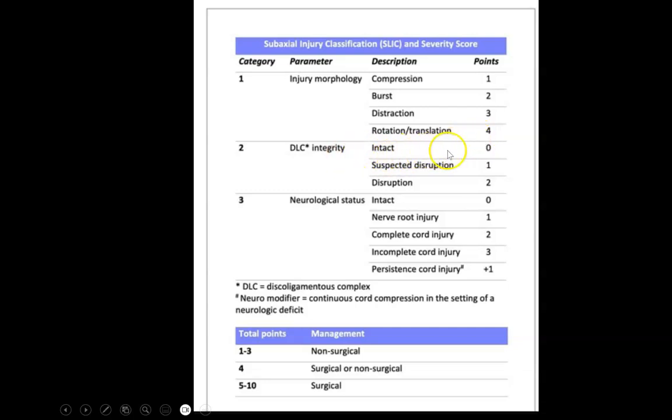And dorsal longitudinal, discoligamentous complex, if it is affected, if there is involvement of the ligaments, involvement of the disc, if the discoligamentous complex is intact, it's 0. Suspected any disruption, anterior ligament, posterior ligament, but most probably posterior ligament, is taking 1. Disruption, it is taking 2. It is not suspected, it is sure. And neurological status, as we said.